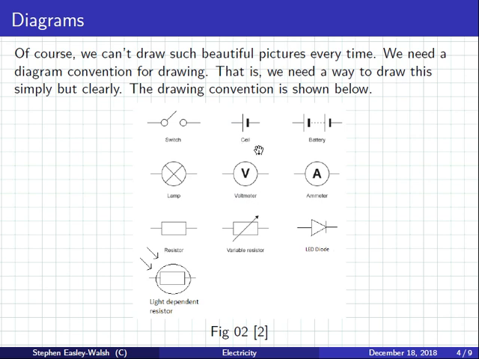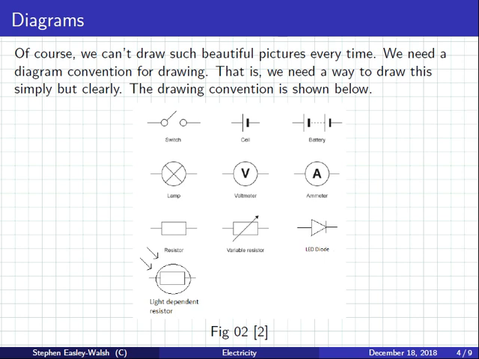C-E-L-L. Cell. One L, I think two. Do you draw one?